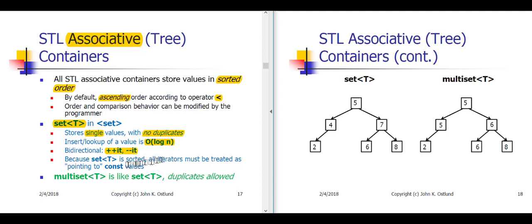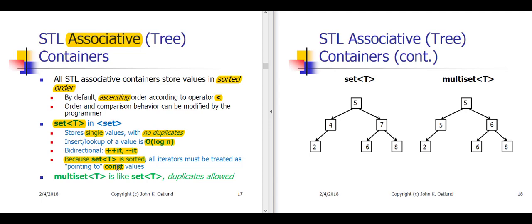Now, one side effect of the fact that an associative container is sorted is that iterators are all treated as though they point to const values. If you're using an iterator to step through the elements of a set, and at some point you said something like star of the iterator gets 19, to change the value of the thing that you're currently pointing to with your iterator to 19, well, that probably will destroy the sorting order of the set.